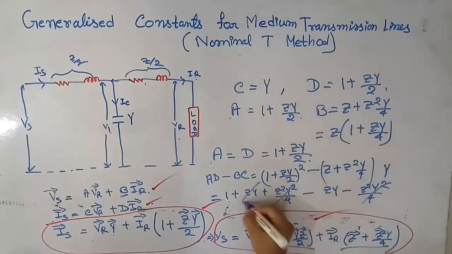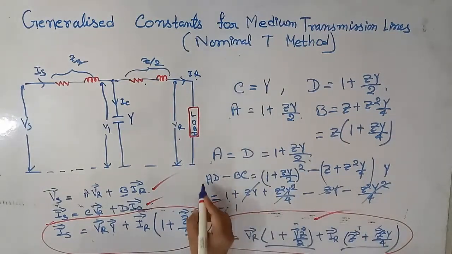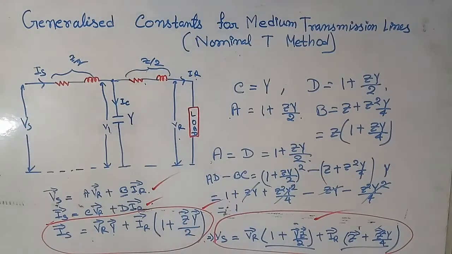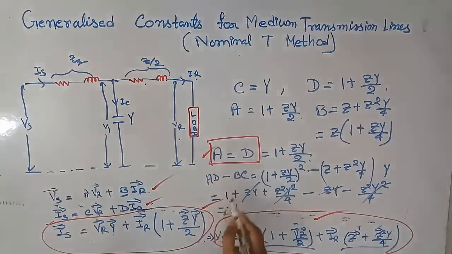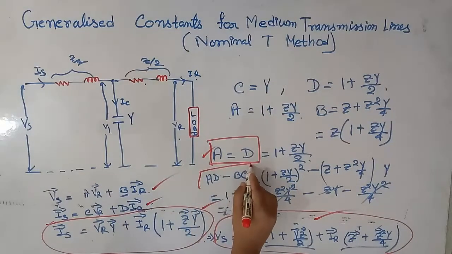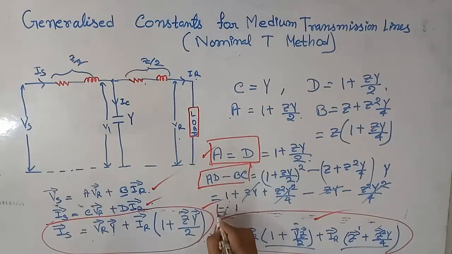Now cancel these terms and we get AD minus BC equals 1. So it fulfills the properties of transmission line parameters, that is A equals D and AD minus BC equals 1.